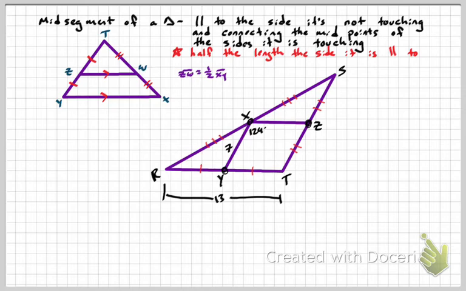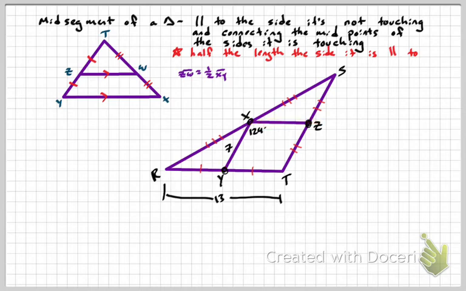Now notice that X, Y, and Z are all midpoints of the sides of the triangle. We know that based off the markings: single dashes, double dashes, and then obviously you have your triple dashes. So again, X, Y, and Z are all midpoints. So that makes this a mid-segment, also makes this a mid-segment right here.